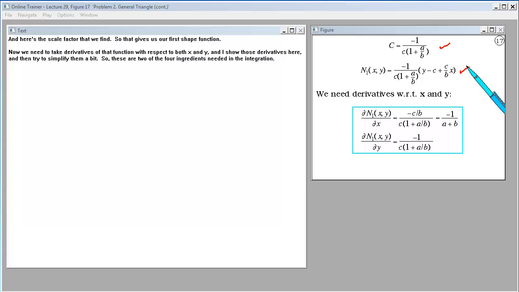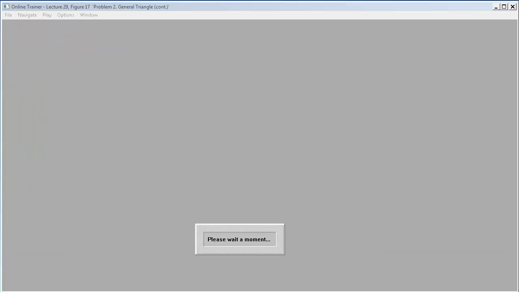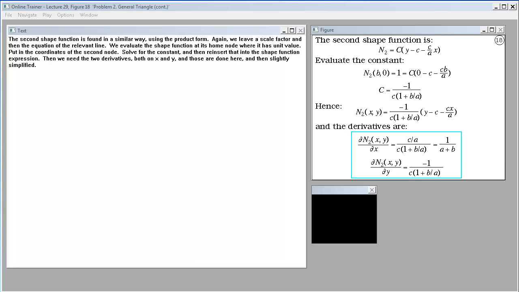Now we need to take derivatives of that function with respect to both x and y, and I show those derivatives here, and then try to simplify them a bit. So these are 2 of the 4 ingredients needed in the integration. The second shape function is found in a similar way using the product form.